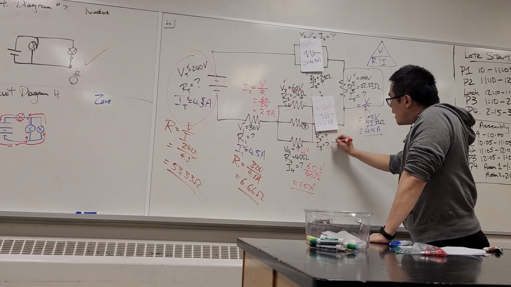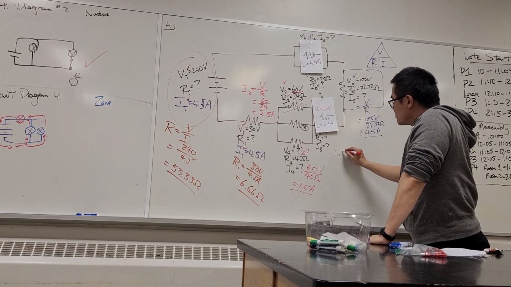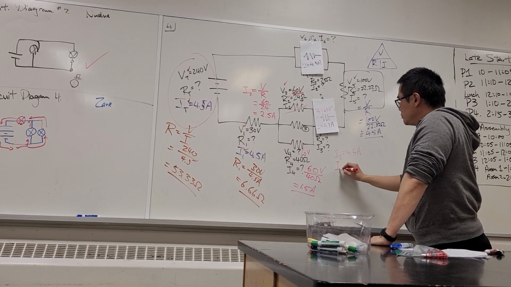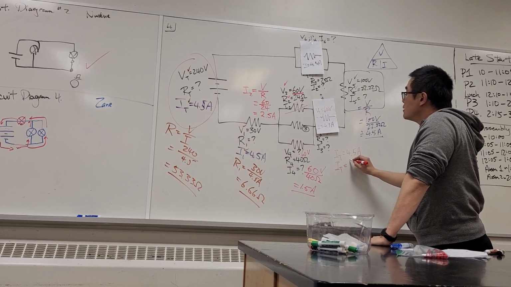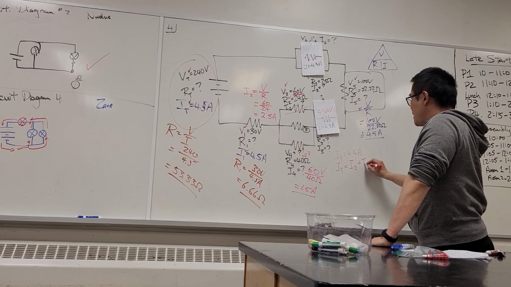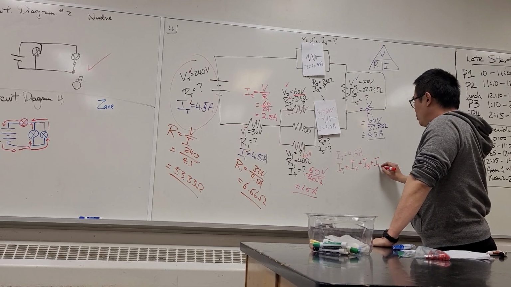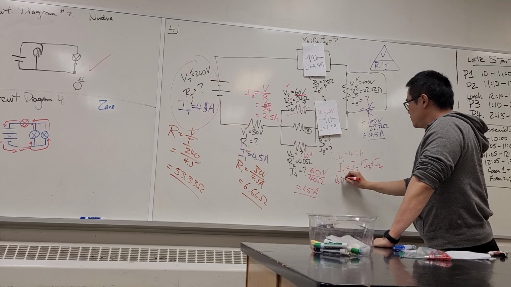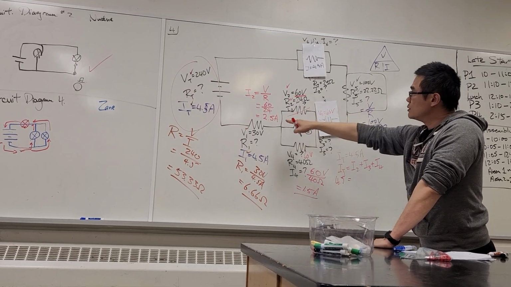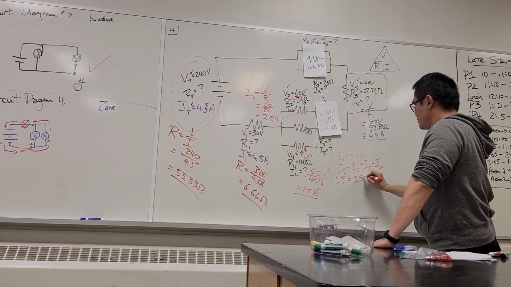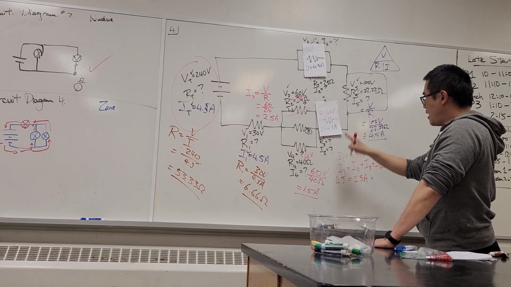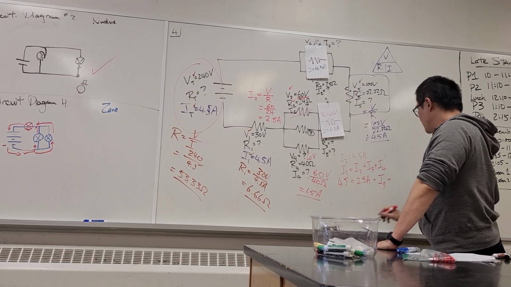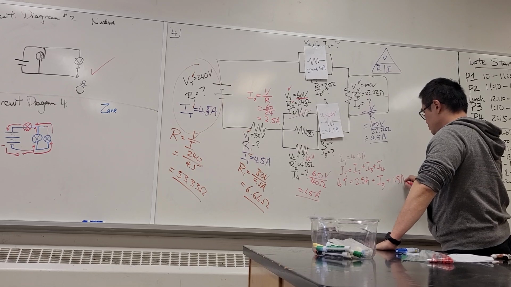So I'm just going to write down here. I total for this part is 4.5 amps, and I total is the same thing as I2 plus I3 plus I4. I total is 4.5. I2, we just calculated 2.5 amps. I3, we don't know. I4 is 1.5 amps.